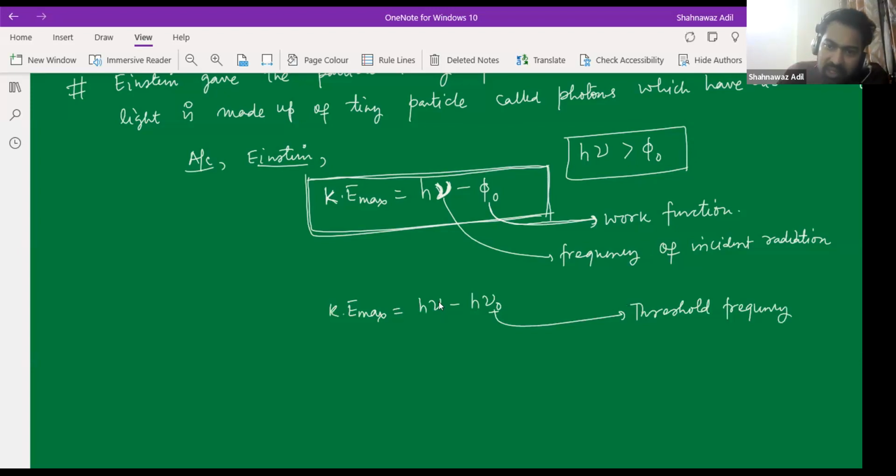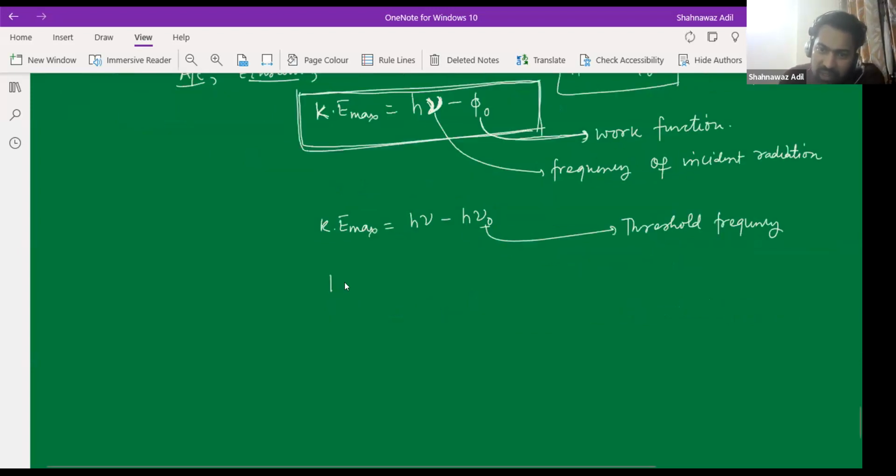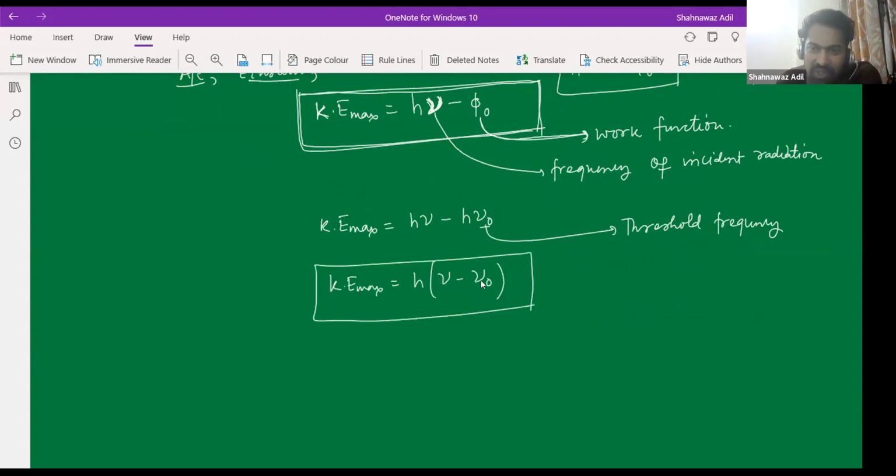So kinetic energy max should be h times nu minus nu naught, right? If the frequency is equal to the threshold frequency, then kinetic energy would be zero. If the frequency is less than the threshold frequency, then we cannot have photoelectric emission. And if the frequency is greater than the threshold frequency, then we will have photoelectric emission.